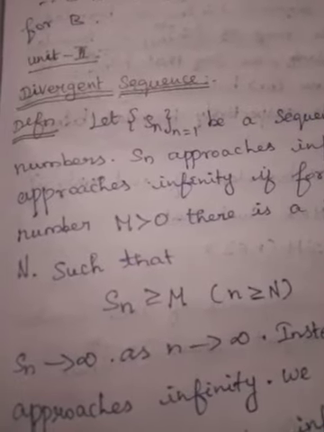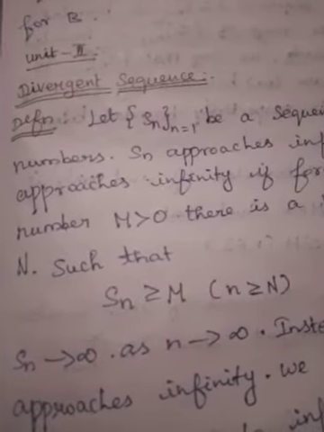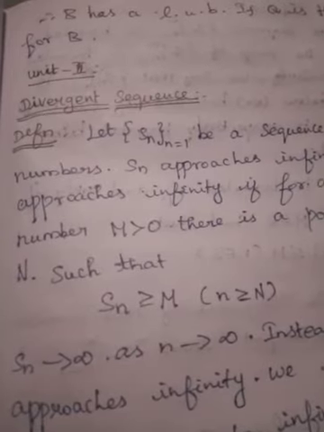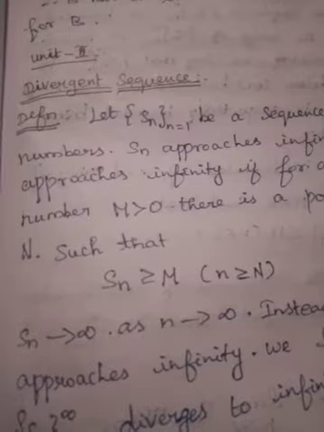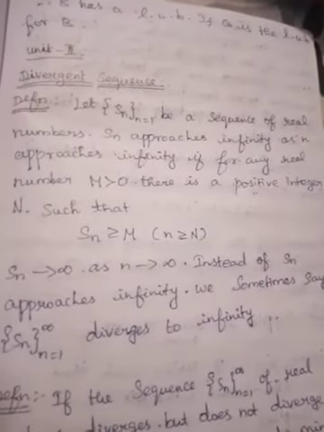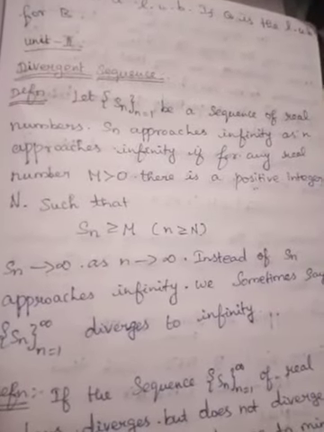Next, we have to continue online class, third year maths, and the subject is Real Analysis 1. Unit 2, divergent sequence. Definition: let {Sn}, n equal to 1 to infinity, be a sequence of real numbers.